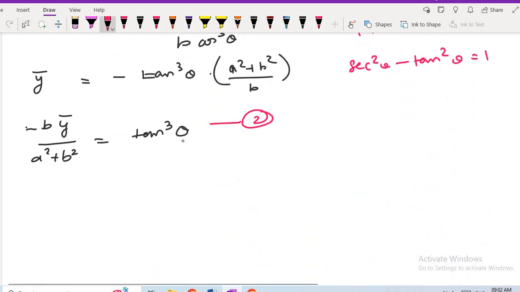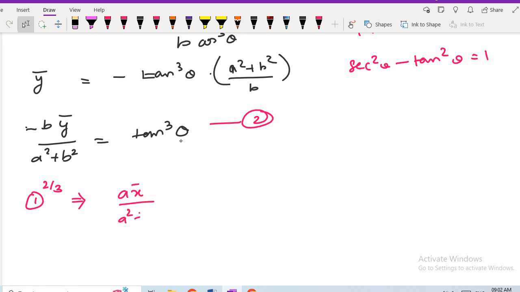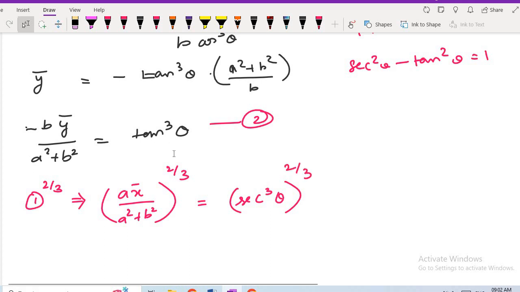So equation 1, if you are taking power 2 by 3, implies we are getting ax bar divided by a square plus b square whole power 2 by 3. On the right side you have a secant cube theta, for this also you have to take power 2 by 3.